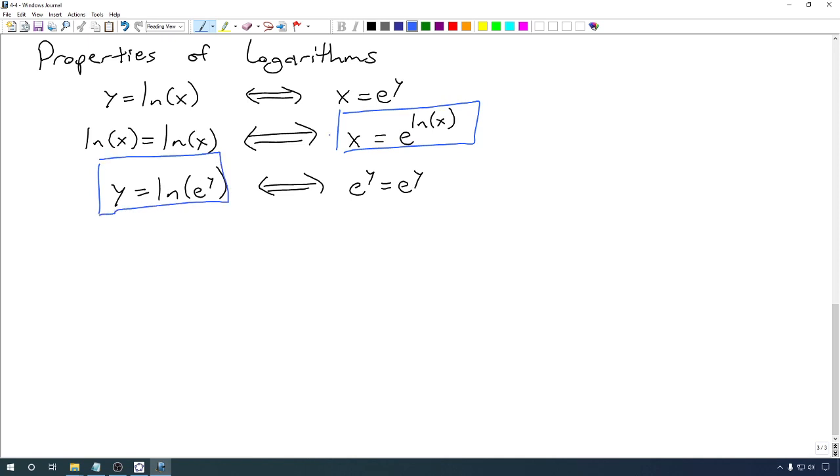Essentially here, this is the opposite. So here, a natural log inside of an exponential canceled out and just gave you what you started with. Here, an exponential inside of a logarithm canceled out and just gave you what you started with. Natural logarithms and the natural exponent, those two functions cancel each other out. Kind of the same way roots cancel with powers.